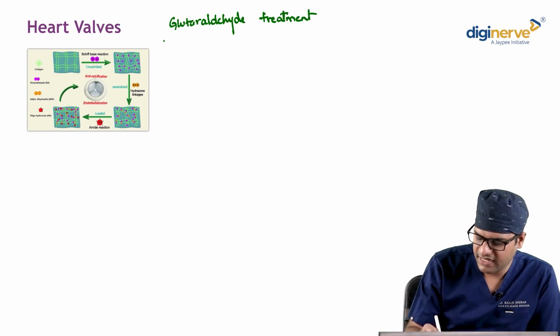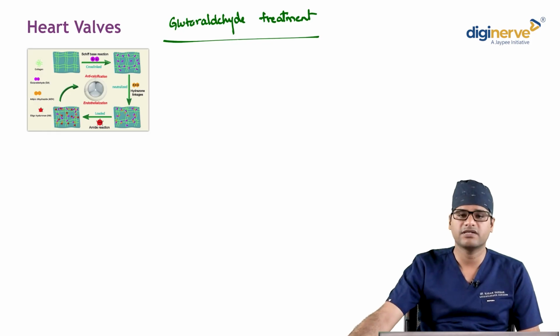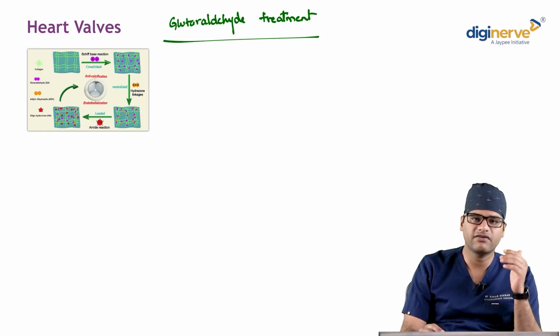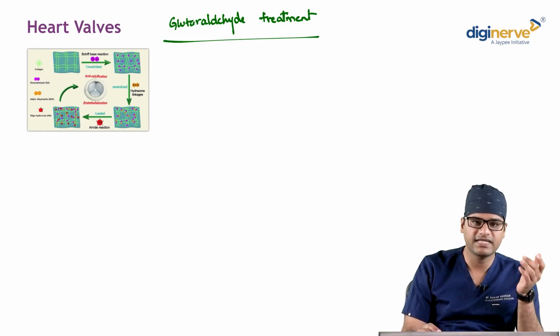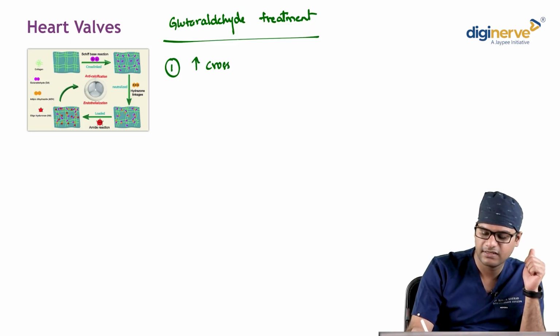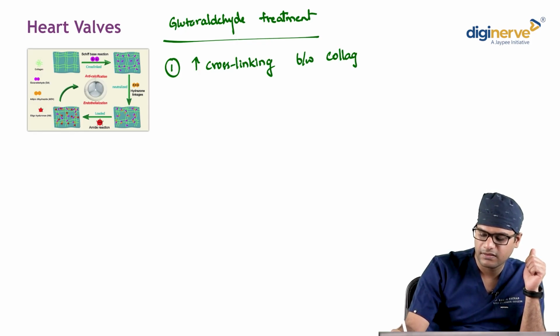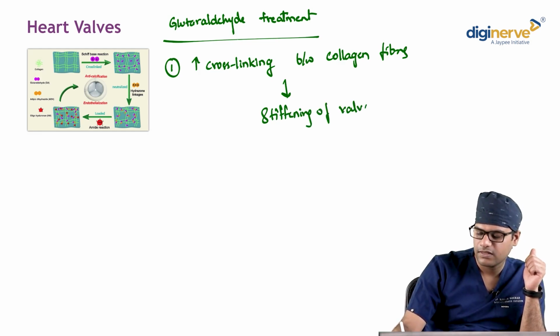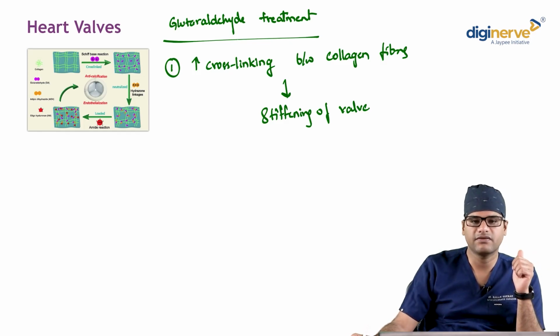Because the moment we treat any of the bioprosthetic valve leaflets with glutaraldehyde, what is induced is increased cross-linking between the collagen fibers. This leads to the stiffening of the valve. Increases competency and stiffening of the valve.